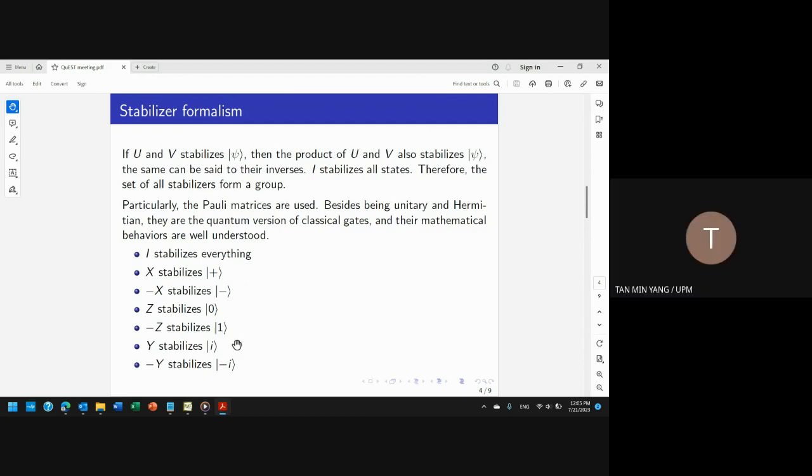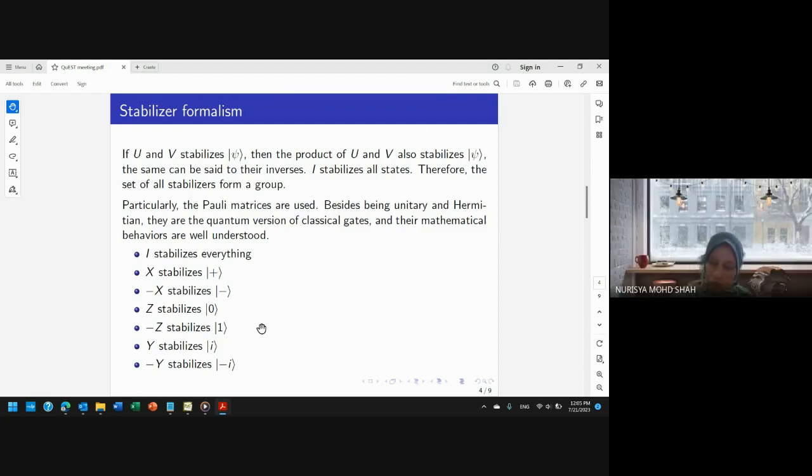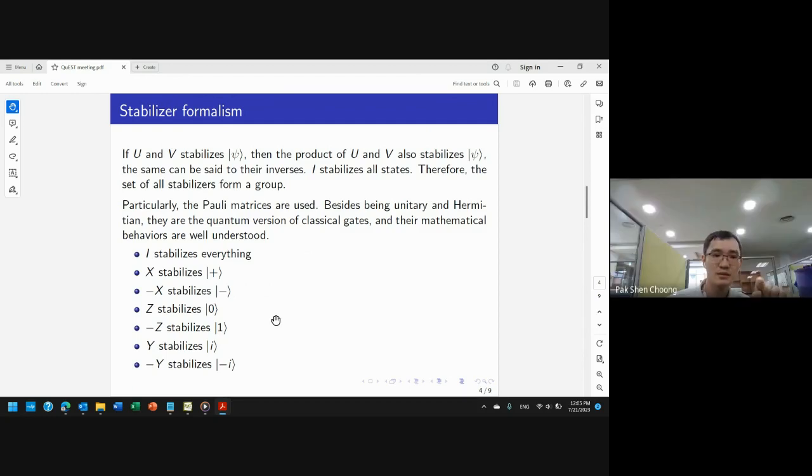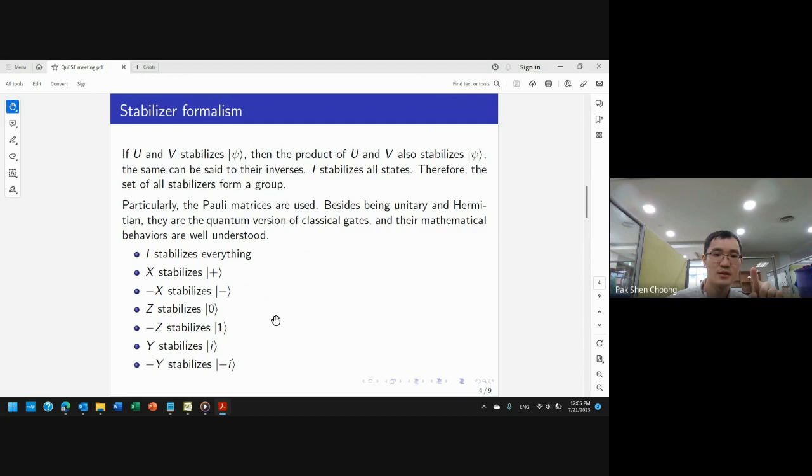Why do you have ket i? What is ket i? I think it's ket 0 plus i times ket 1, divided by square root 2.